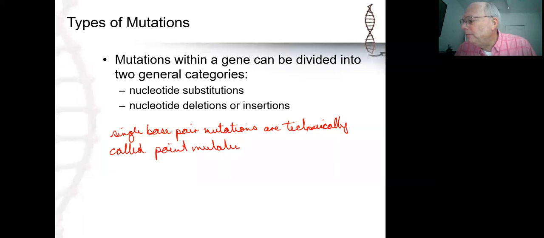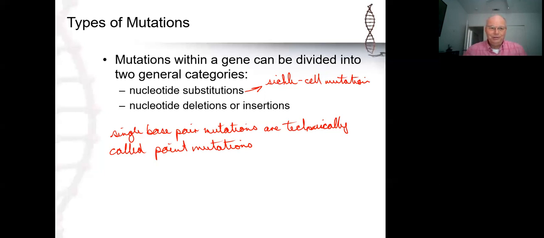There are two ways of achieving a base pair mutation or a point mutation. You can substitute one nucleotide for another. So that would be the sickle cell mutation, because you changed the existing nucleotide for another nucleotide. That's what we mean by substitution.